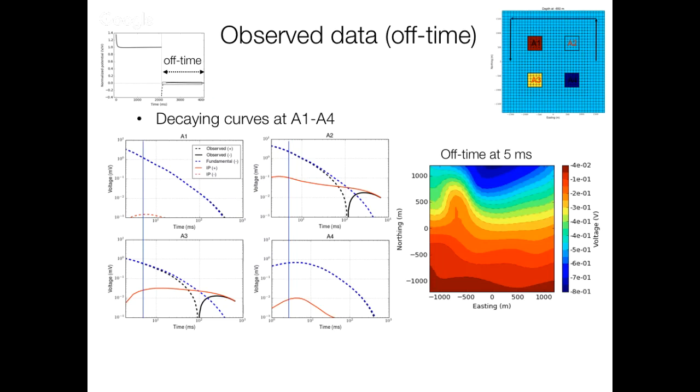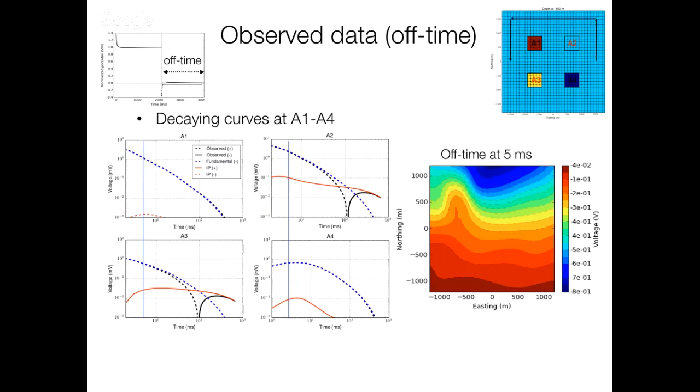So at 5 milliseconds, A1 is here, so that's our conductive one, then A2, A3, A4. So A1, which is a conductor but not chargeable, has a response that looks like this.